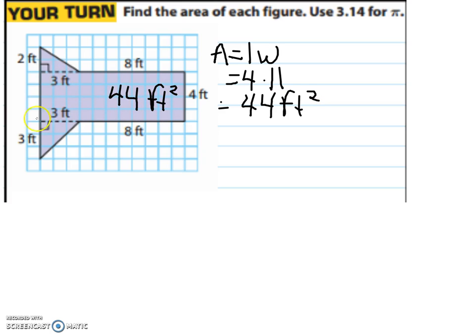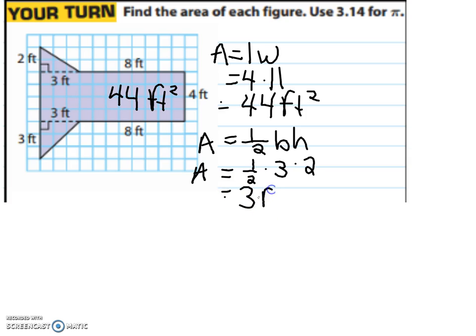Now we got to find each triangle. So for triangle 1, its area equals 1/2 times base times height. The base is 3, the height is 2 times 1/2. 3 times 2 is 6. 6 times 1/2 is 3.